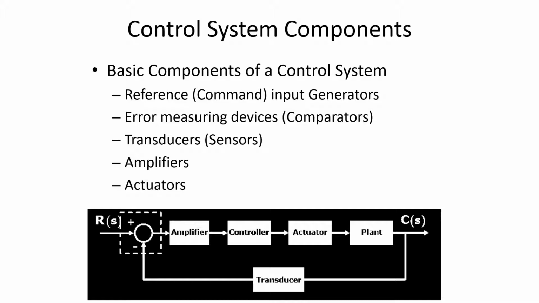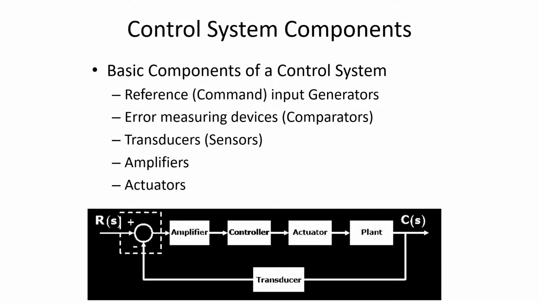Then the error measurement device or error detector. These are comparators which compare the input reference with the actual output, and the error or the deviation is measured through these error measuring devices with the help of the transducers. The transducers here, or the sensors, form the feedback loop.